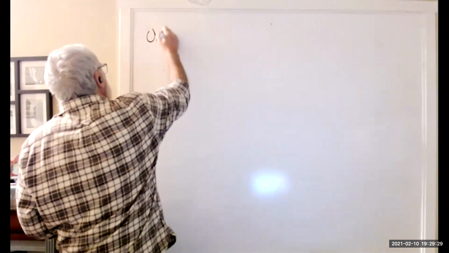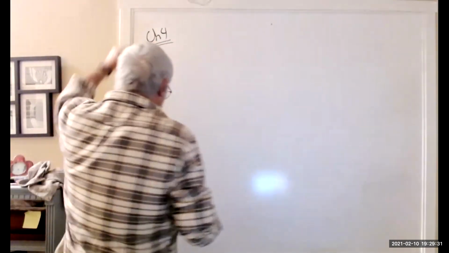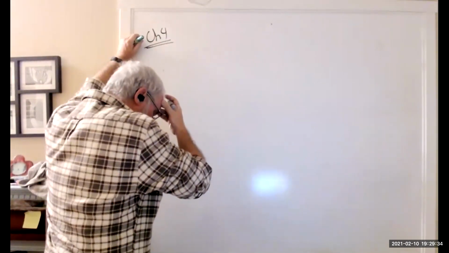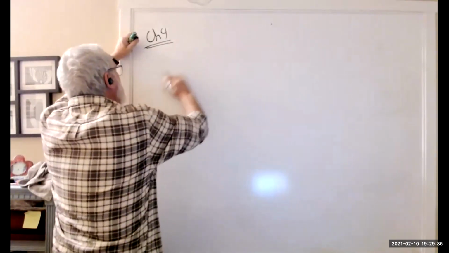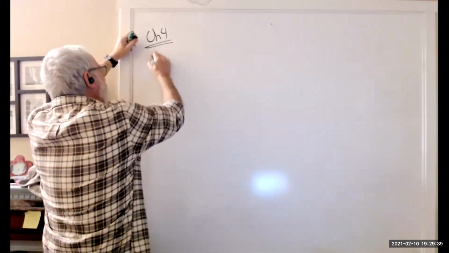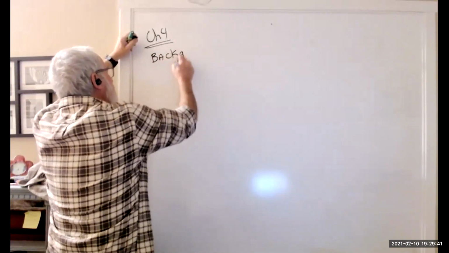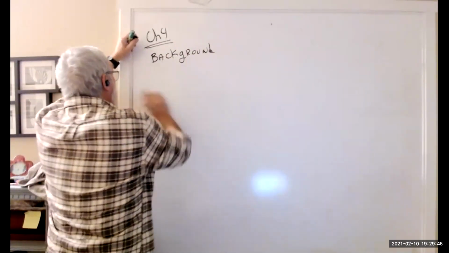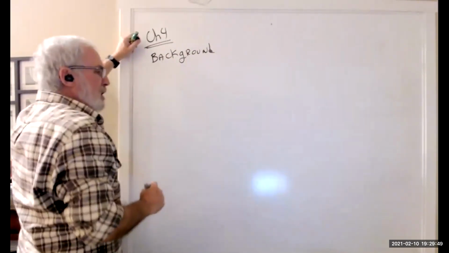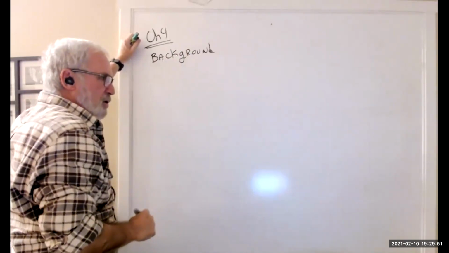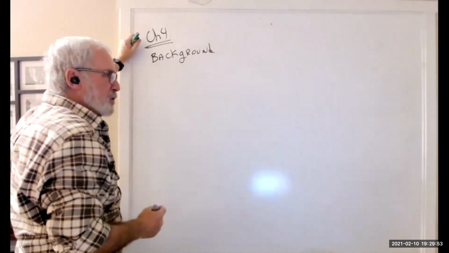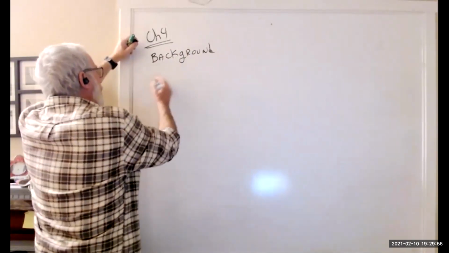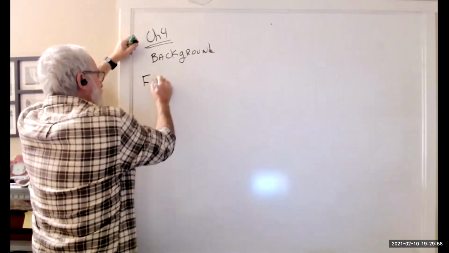Okay. Now, we're going to start chapter 4 right now, but we need some background. And this isn't actually in the book yet, so take careful notes and we're going to talk about this. The concept is called a function.